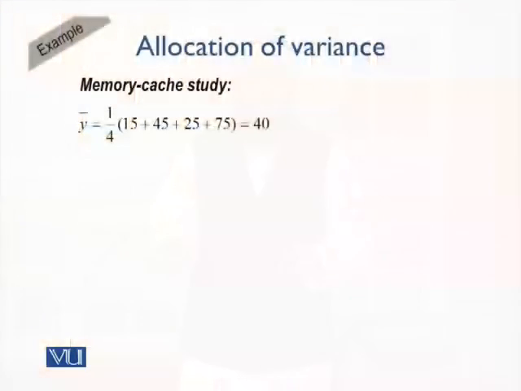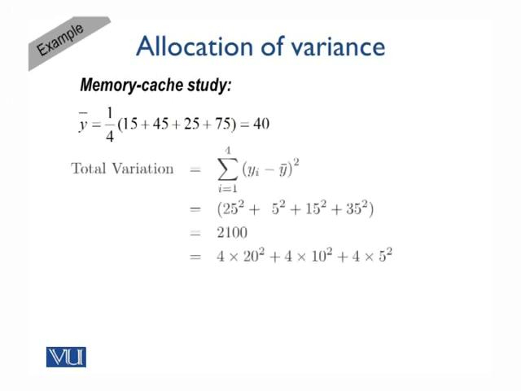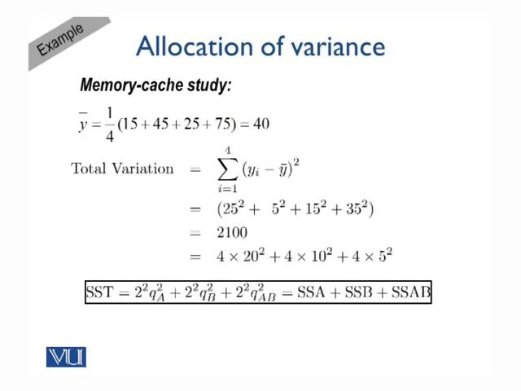So we are going to now apply the formula of SST and see how we allocate the variation. We see that the grand mean or the overall mean of the response comes out to be 40, and the total variation or SST as we have defined it, when we calculate that, we get a value of 2100, and this is in turn composed of SSA, SSB and SSAB, the variations explained by A, B and AB respectively.